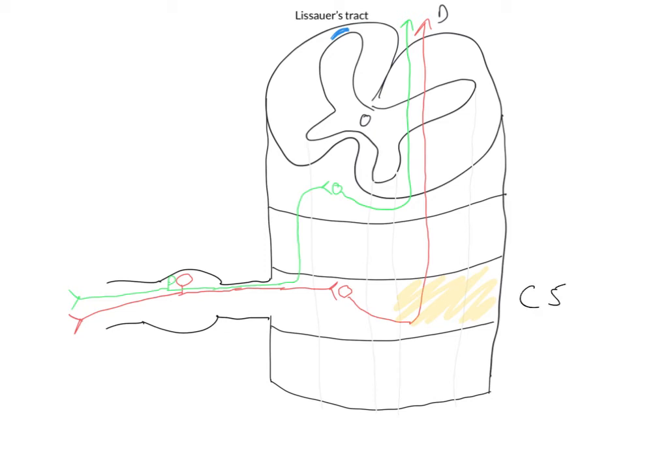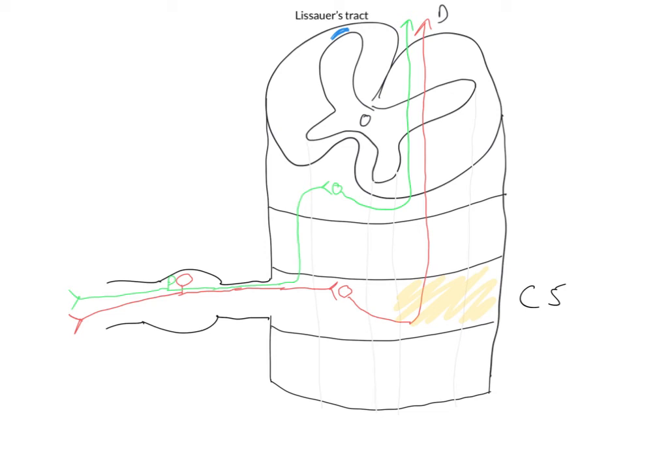Okay, so let's say that we've got a hemisection of the C5 spinal cord segment, and what that means is half of the C5 segment has been destroyed. And in destroying that half of the C5 cord segment, we have destroyed the spinothalamic tract on that side only. And you can see then that we have interrupted the pathway of these second order neurons as they attempt to ascend up towards the thalamus.